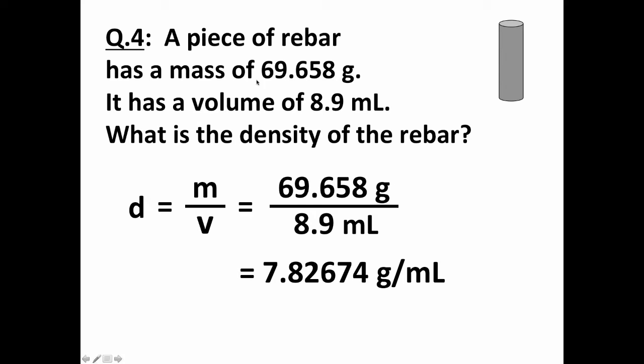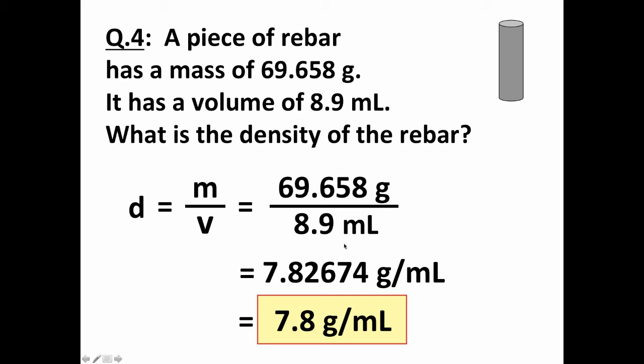And then, of course, we are taking a 5 significant figure number, dividing it by a 2 significant figure number. In the case of the graduated cylinder, we could estimate to the 10th place, and when we subtract, that gives us a 2 significant figure number, which means that our result has to be rounded off to the least precise of our individual measurements, which is the 2 significant figure number for the volume.